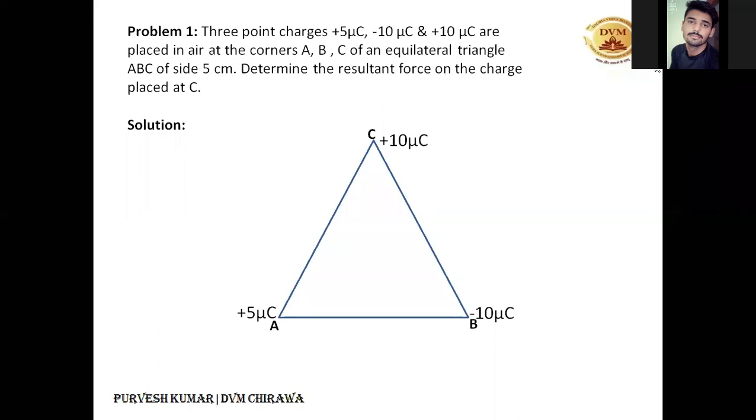Now, for finding the force, we first need to know the direction of force on the charge placed at C because of the charge placed at A. Both of these charges are of the same sign, so the charge placed at A will try to repel this charge in the direction along AC.